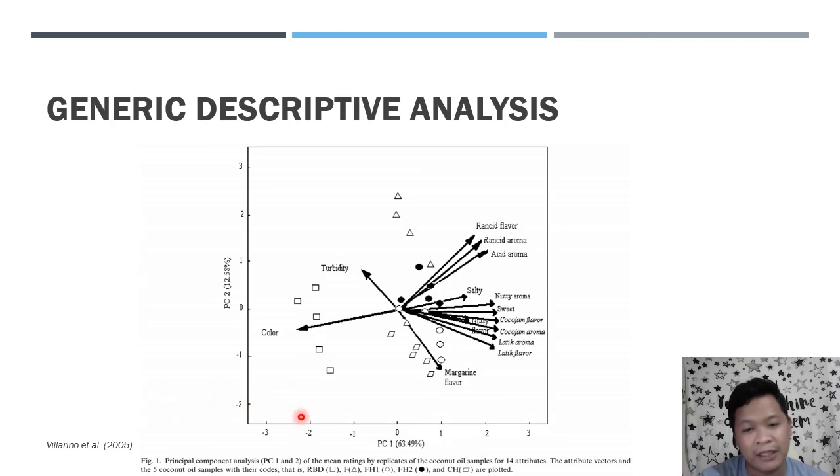Ang alam lang natin is that the axes are principal components, and yung percentages tell us how much components along those axes account for the differences among the samples. Okay, so we'll try to look at it in much more detail later if we go through multivariate analysis either in this subject or on your succeeding subject.